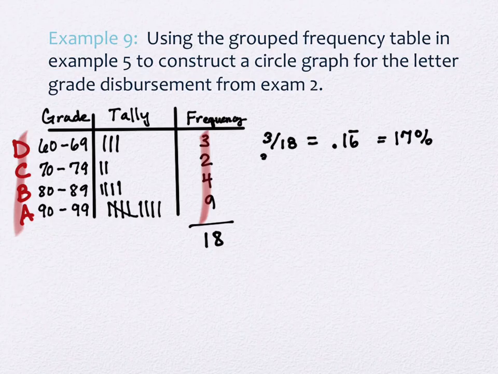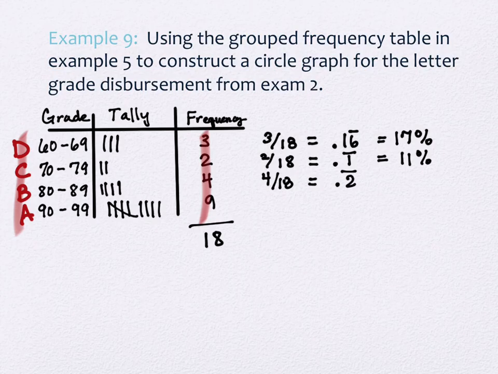Let's do 2 out of 18. So what happens when you divide 2 out of 18? Ooh, we get 0.1 repeating. Excellent. And if you multiply that by 100, round it to the nearest percent, you'll have 11%. Is that okay? All right, let's try 4. What do you get when you do 4 out of 18? 0.2 repeating.